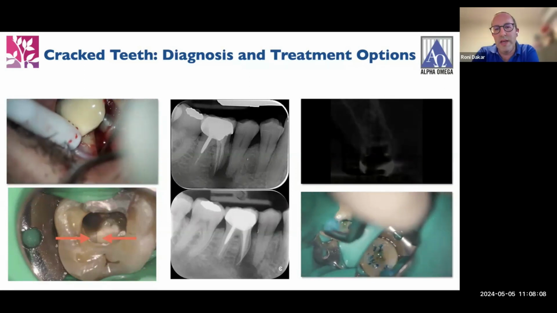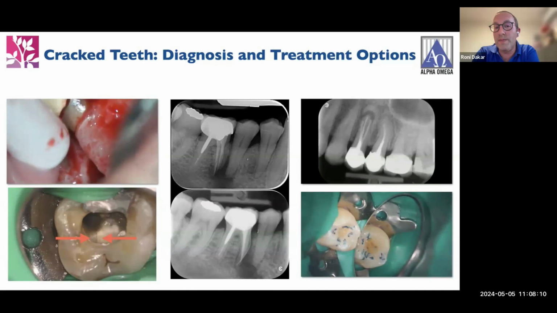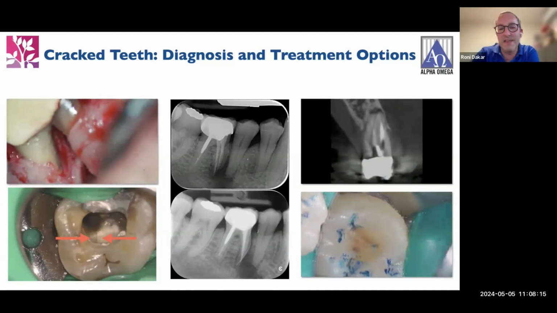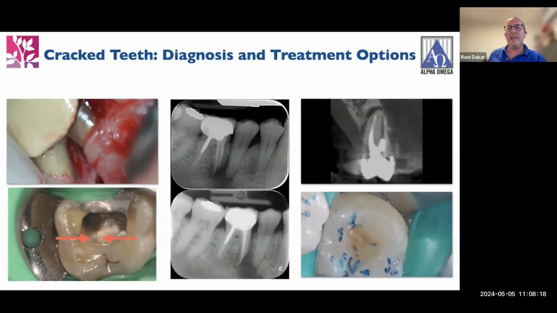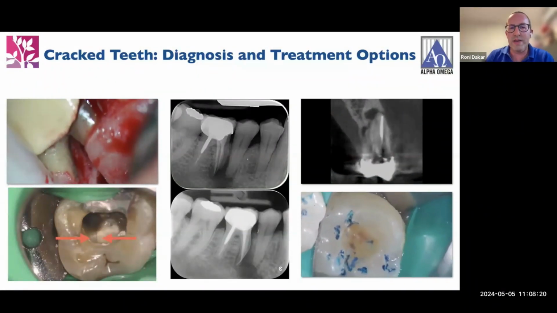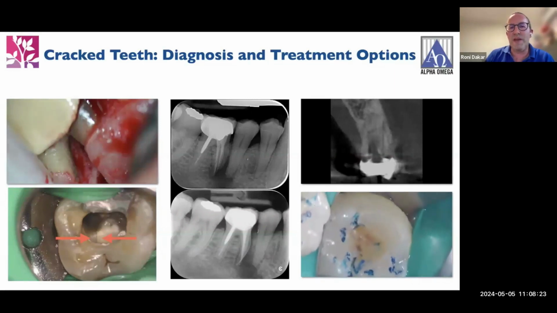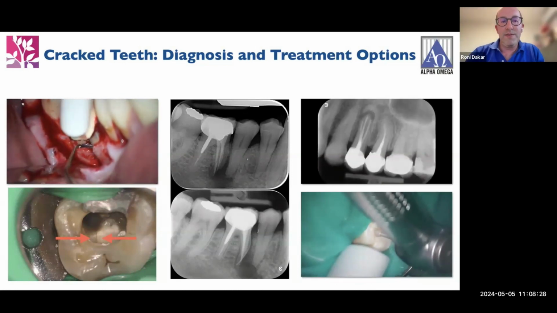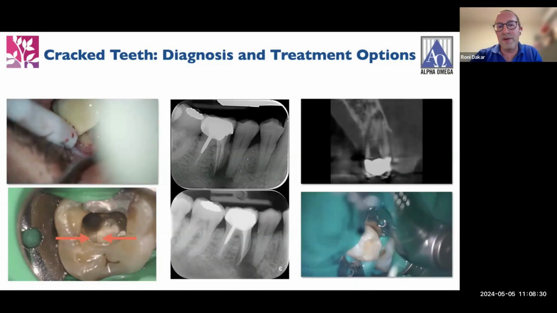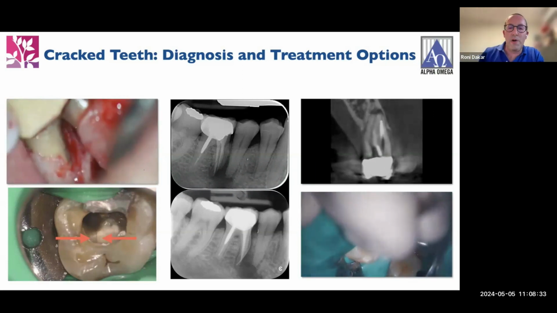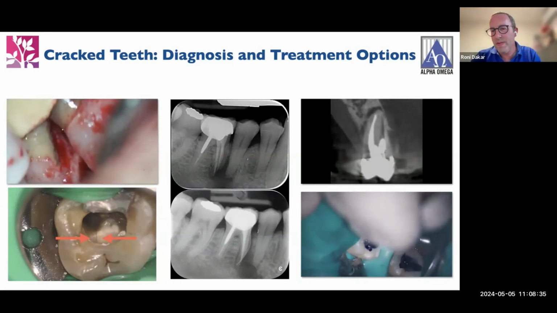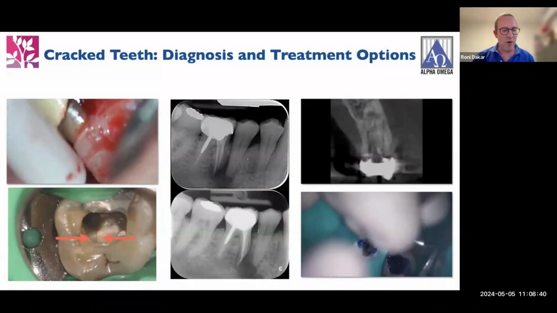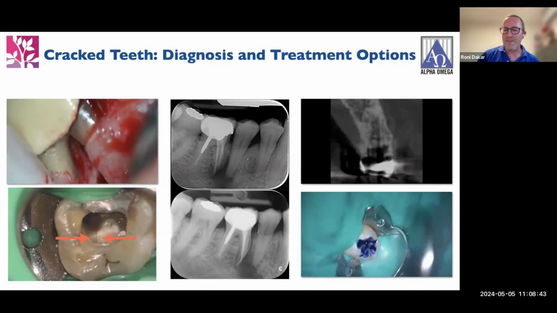They referred the second premolar for root canal treatment because of a periapical radiolucency, and eventually the radiolucency was the cause of a vertical root fracture in the mesial root of the first molar, and extracting the first molar solved all of the problems. The two right slides I'll describe later, and not now.